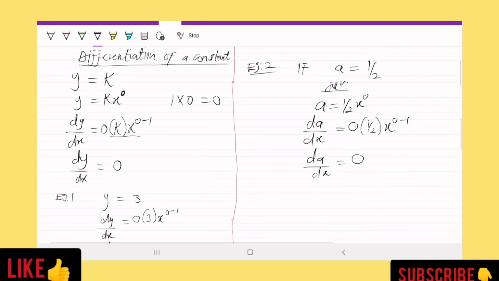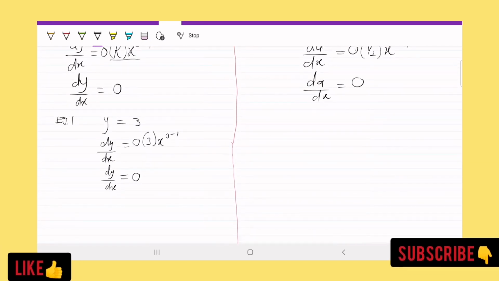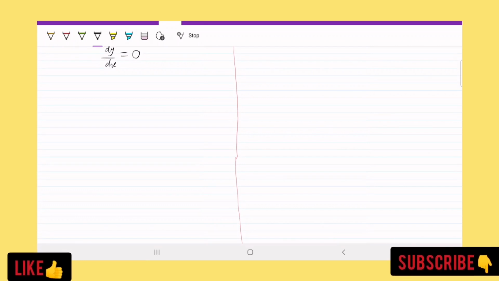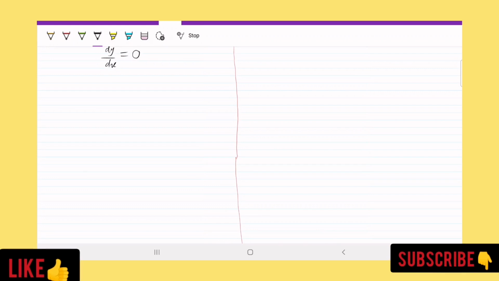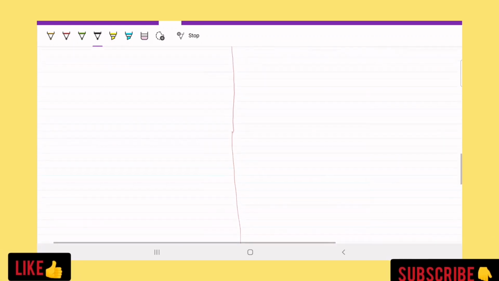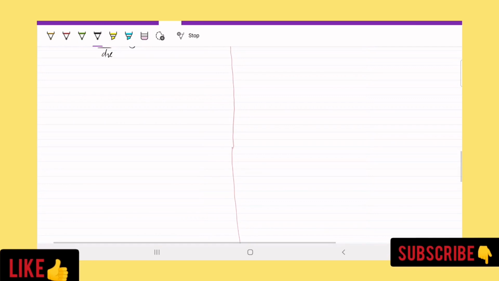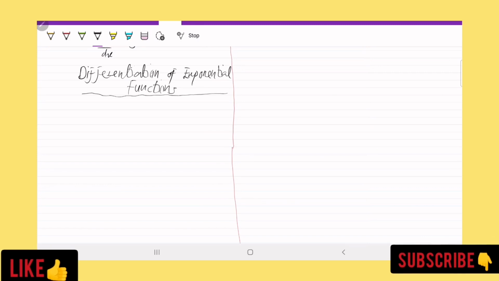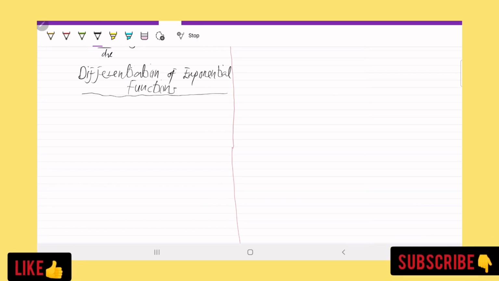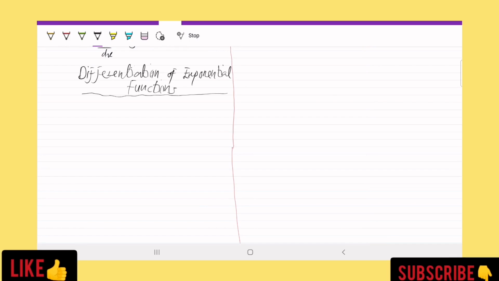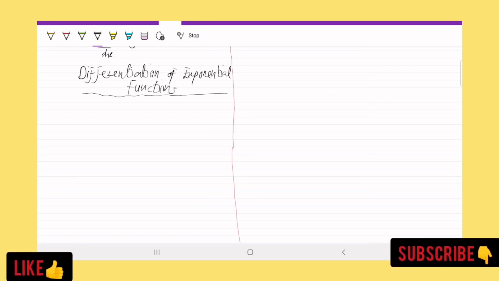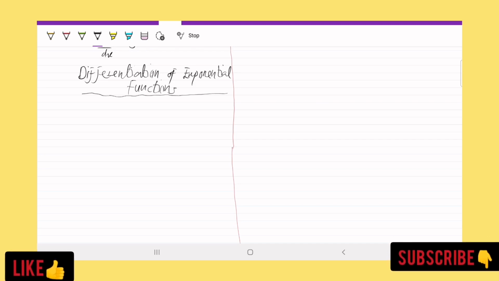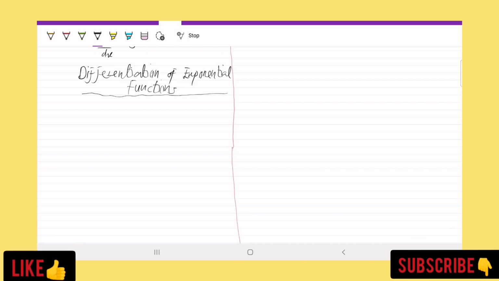Let's continue to talk about differentiation of exponential functions. I think we have already done that, but here we want to talk about a special exponential function. We just learned about differentiation of a constant. We said at any time you differentiate a constant, you get 0. So let's look at how we differentiate this special exponential function.